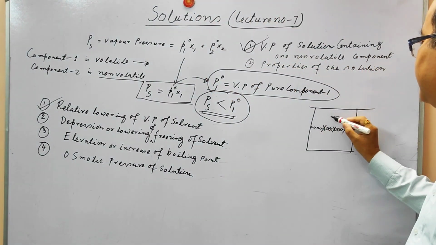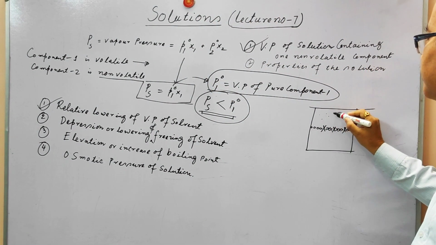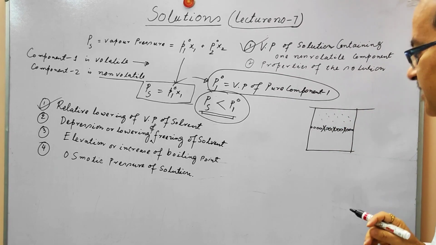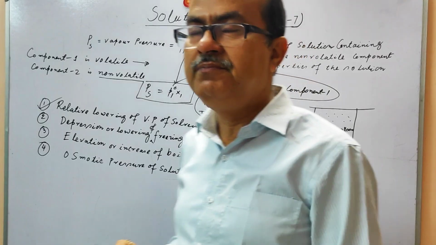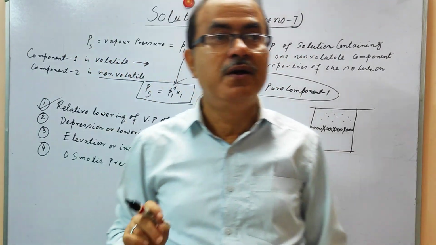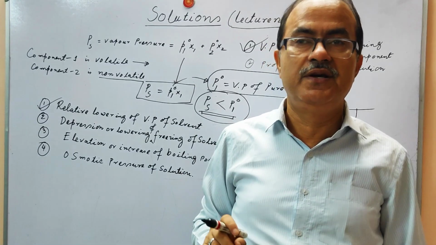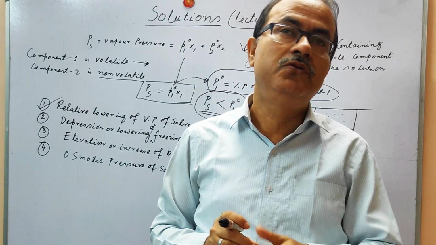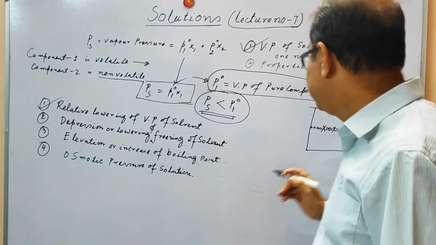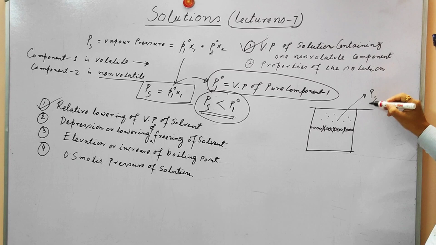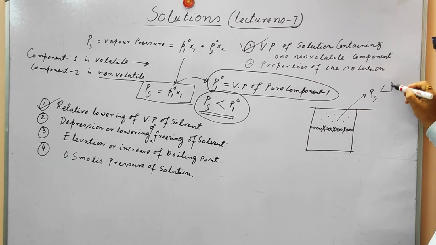We can understand that the number of molecules will be less. Due to this fact, there is a lesser number of molecules present on the surface of the solution. That is, the molecules of the solvent will be fewer now because they are replaced by the solute molecules, and that is why the vapor pressure of the solution will be less than the vapor pressure of the pure solvent.